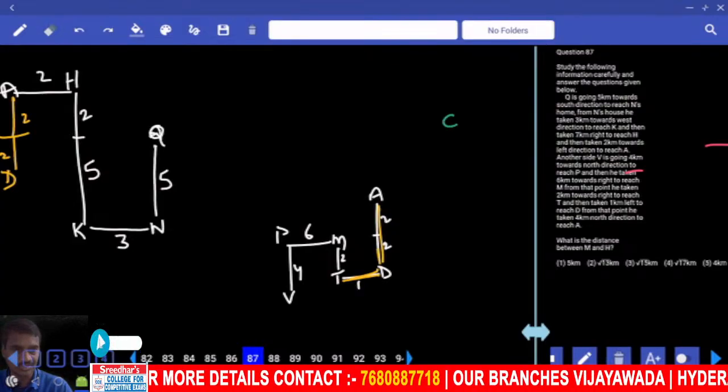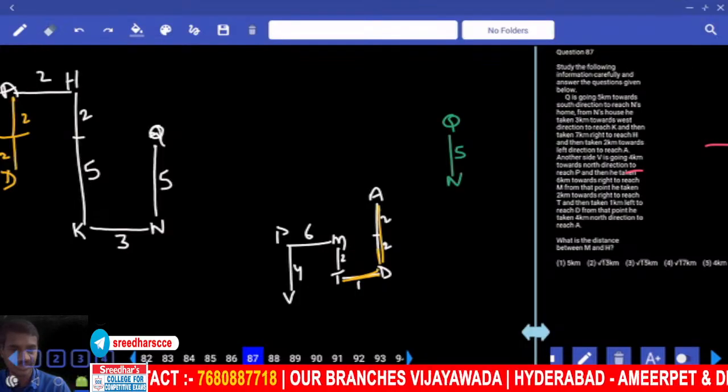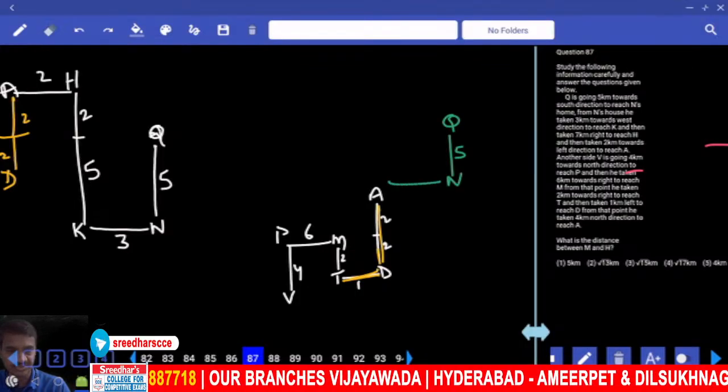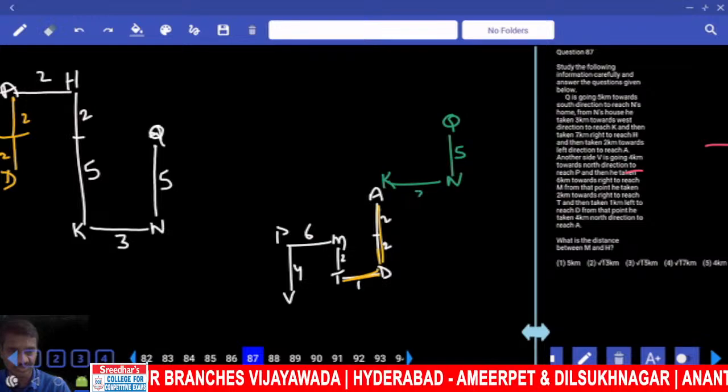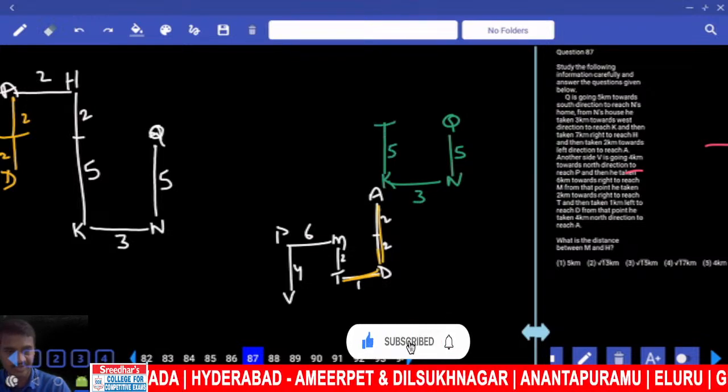Now Q is here. Then next N is here. The distance is 5. And again from here this is K, and K is 3. And again from here this is 5, and 5 plus 2 is how much?